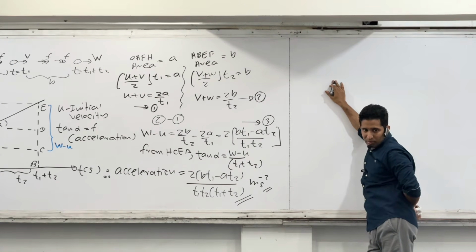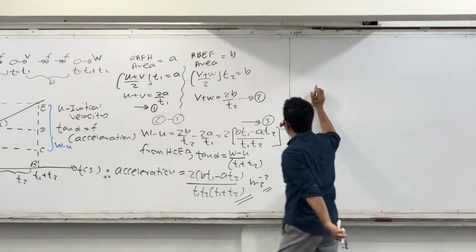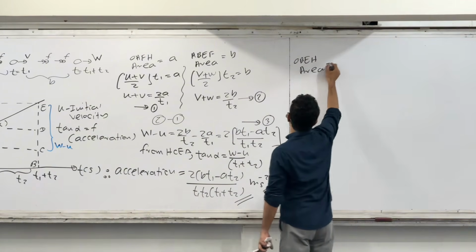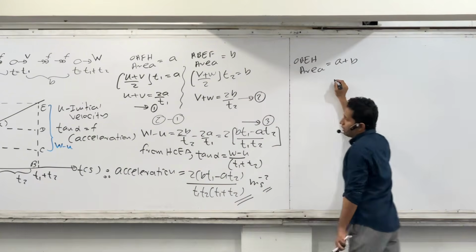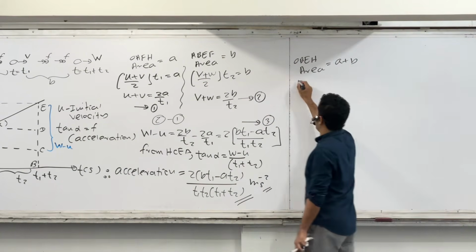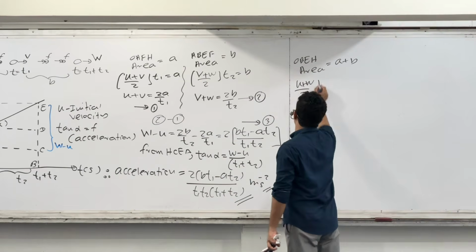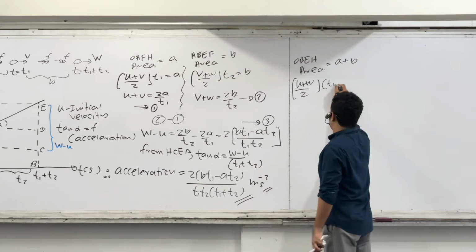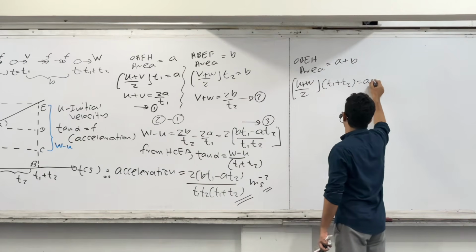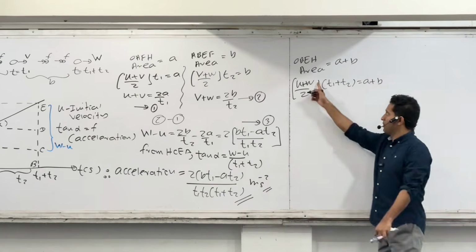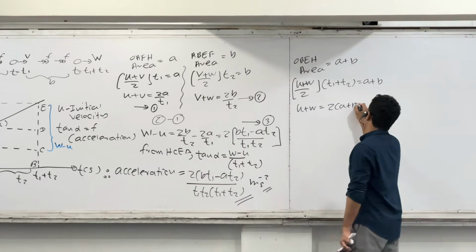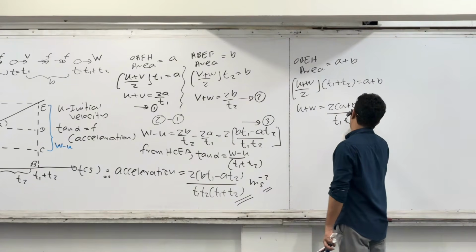It is A plus B. I can write the area is equal to A plus B. It's a trapezium, so U plus W divided by 2 times T1 plus T2 equal A plus B. Making U plus W the subject, U plus W equal 2 times A plus B divided by T1 plus T2.